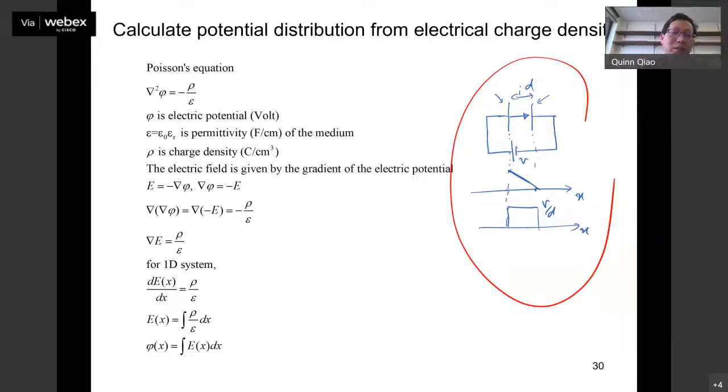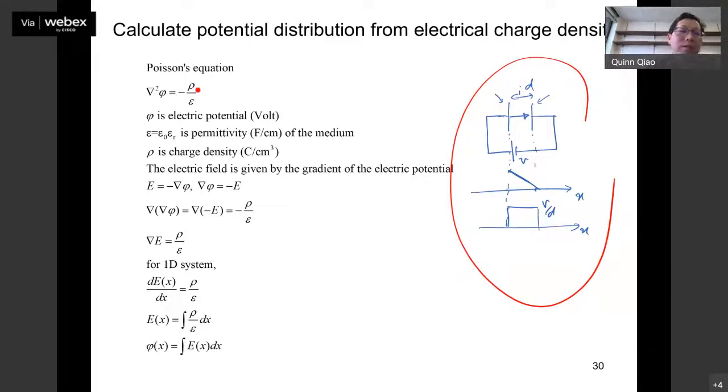Typically, if we want to find the electric field distribution in the junction, or the potential distribution or energy distribution in the junction, we start with the charge distribution. That's why there's a very famous, useful equation called Poisson's equation.